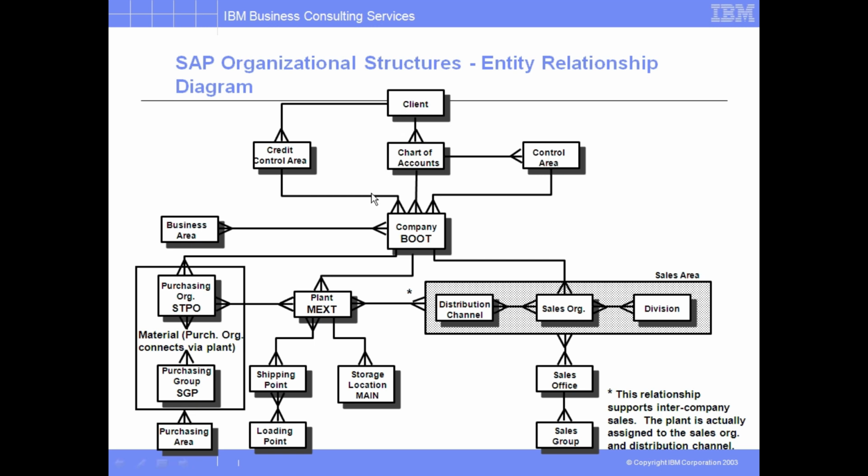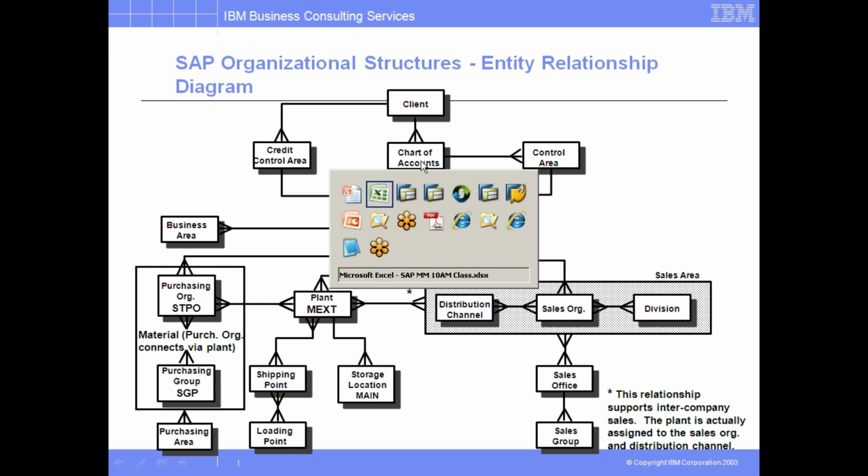So even if you look at this combination, control area and company code can also be linked via chart of accounts.